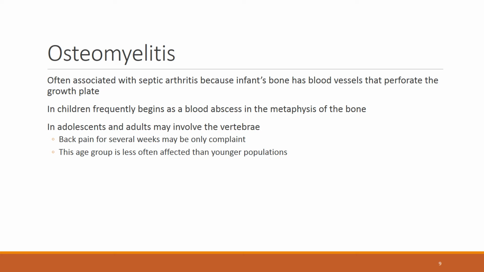Children can develop a blood abscess in the metaphysis of the bone, and in adults and adolescents this may involve the vertebrae. Adults and adolescents may complain of back pain for several weeks, and adults are much less often affected. In adults and adolescents, the cause of osteomyelitis will be more external versus internal.